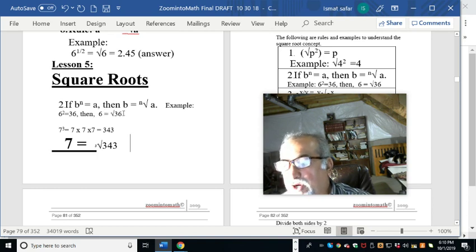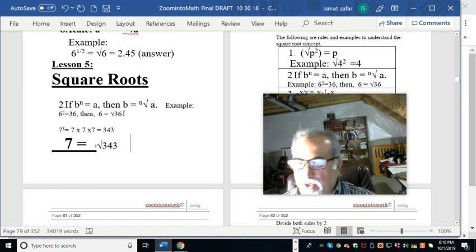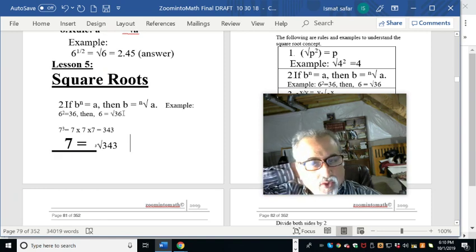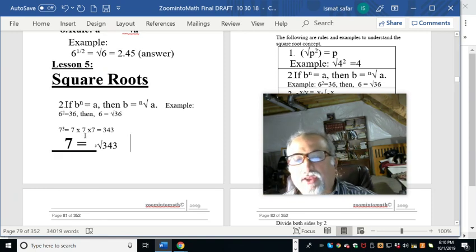Another example: 7 cubed, or to the exponent 3. 7 is b, 3 is n, and A is 343.